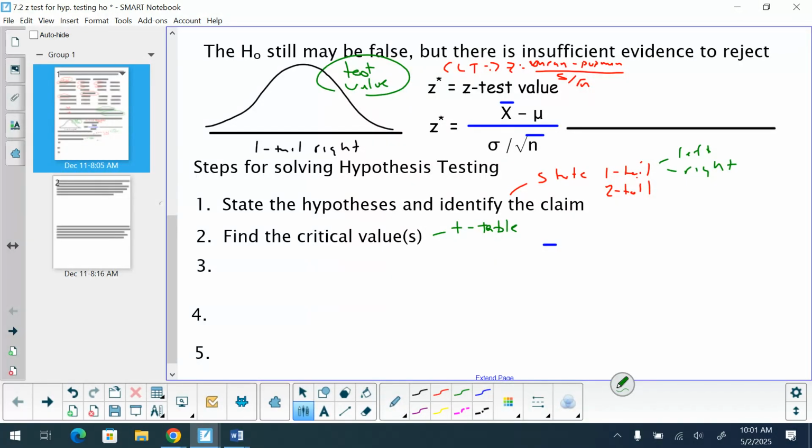So if we look at a one-tail test, this right tells us where we're going to throw in our critical value.